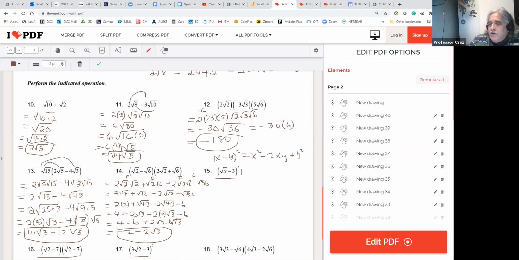All right, so this is going to be square root of x. So it's this times this, and that's going to be negative.